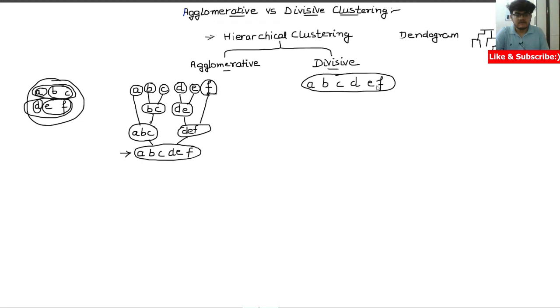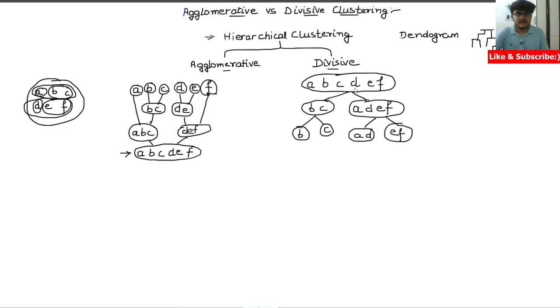So initially I have this whole cluster, and then let's say I divide it into two clusters, which are B, C, and let's say A, D, E and F, right? And then again I will split them into different clusters, something like this. And then here also I will do the same. I will split this cluster into two, right? So divisive means dividing the cluster, right?